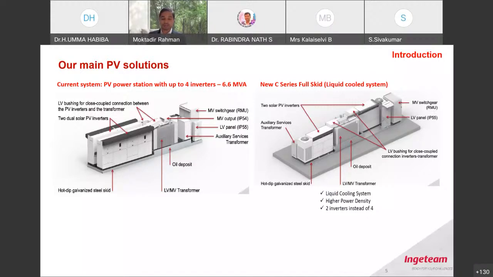There is less derating of power when you have very high temperatures in the field. It is a new solution and provides more power density compared to the previous one. For example, here it has 2 inverters, and each inverter can still provide 3.64 megawatts, so double the capacity.